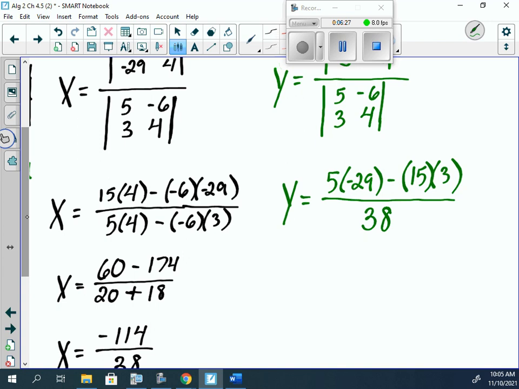Because we already found it, didn't we? We could do that multiplication out and work it all the way through, but we already solved it once. We found in x it is 38. The determinant for the denominator for y is the exact same as x. So we could do that multiplication, or we can just plug in the answer that we know.